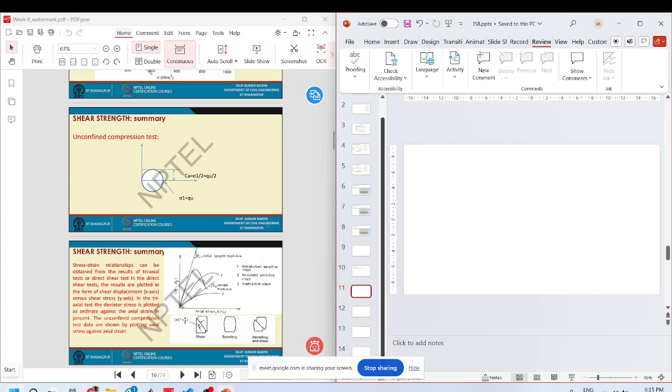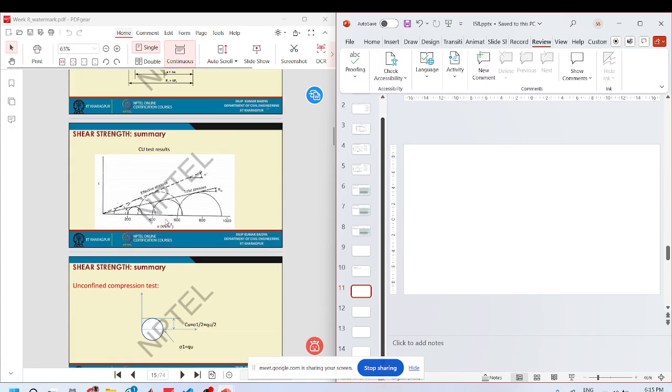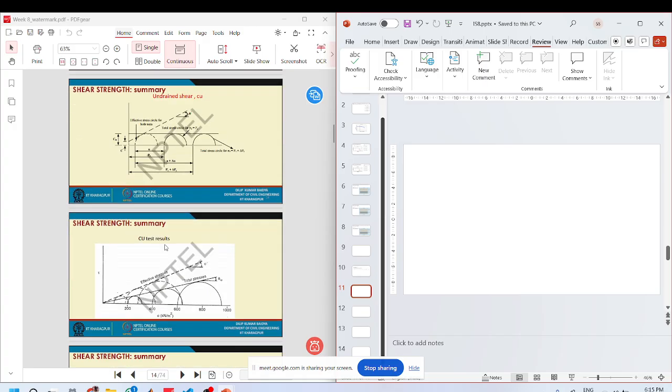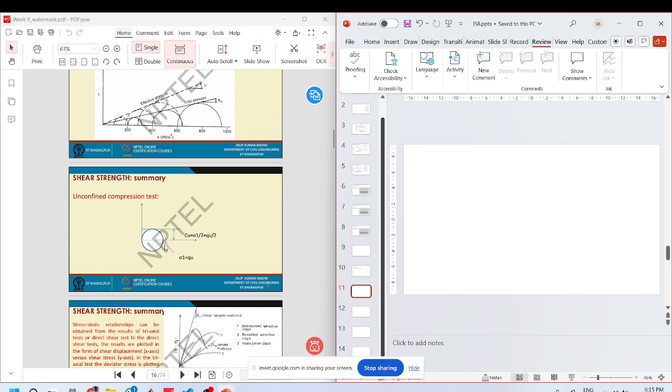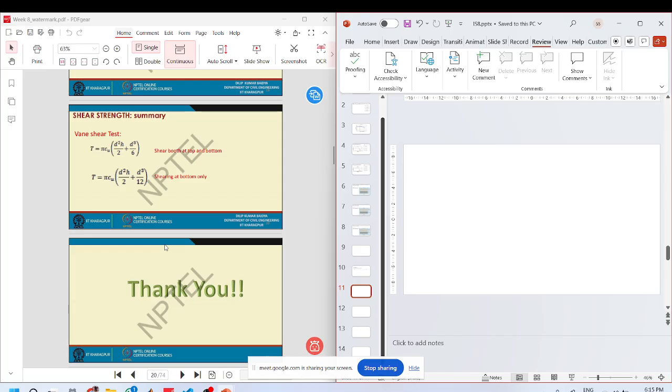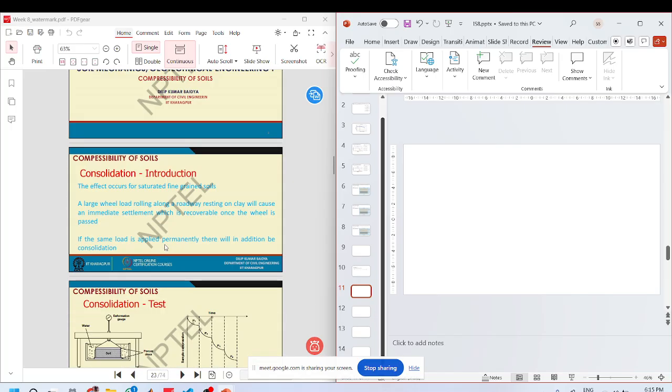We talked about shear strength with these tests. Now we're going to talk about consolidation.